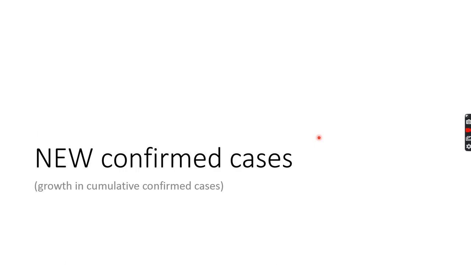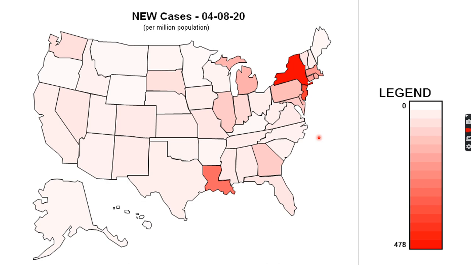So, okay, those were the cumulative cases. But I also like to look at the new confirmed cases, which is basically the growth rate in cumulative cases. Let's look at that. On April 8th, I'm just going to show you a couple of data points here, and then I'm going to show you an animation.